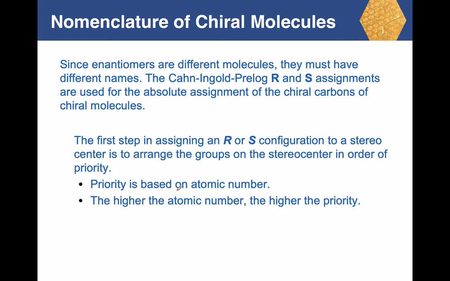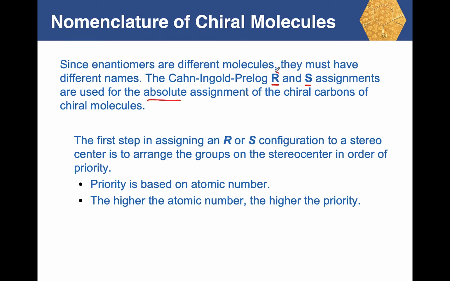So let us look at what three chemists did years ago, Cahn, Ingold, and Prelog. They came up with a system of naming enantiomers. They call it the R and S assignment of absolute configuration.